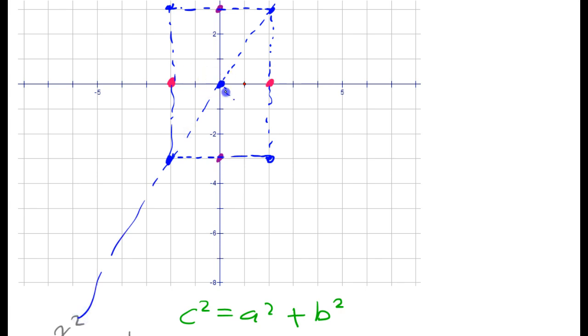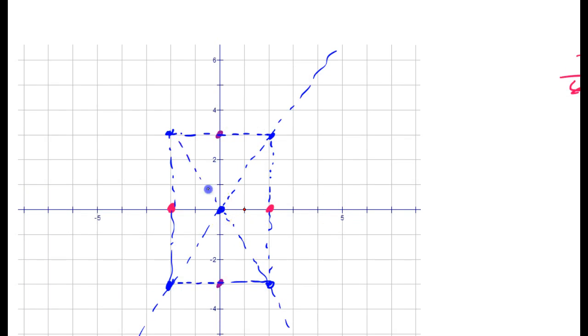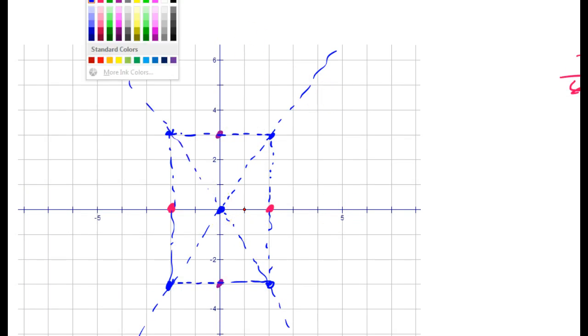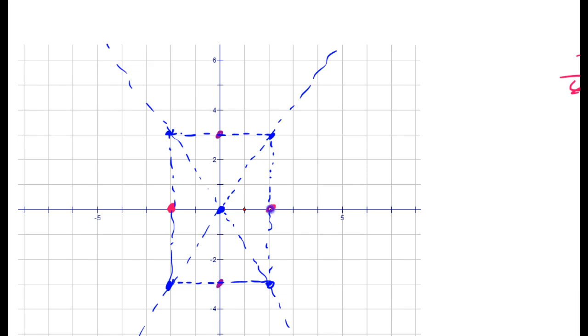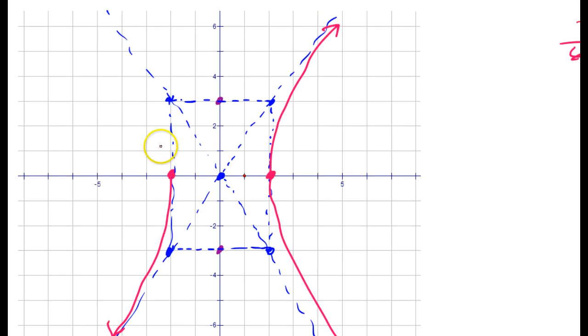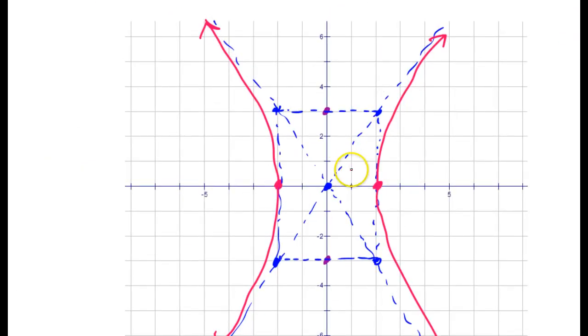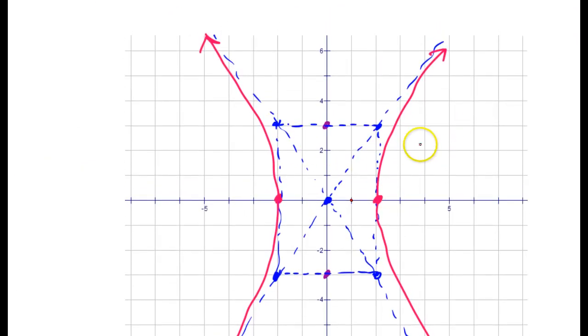And I will have another asymptote that goes like this. So we could draw the sketch of the hyperbola right now. Remember that these red dots are the vertices. So my branches are here, approaching the asymptotes on either end. So there's my hyperbola. Let's go ahead and find where the foci are.